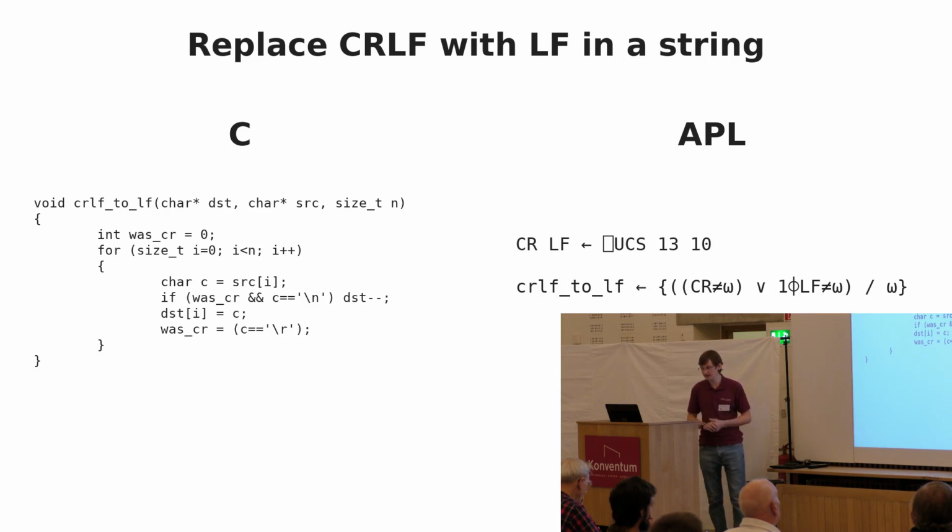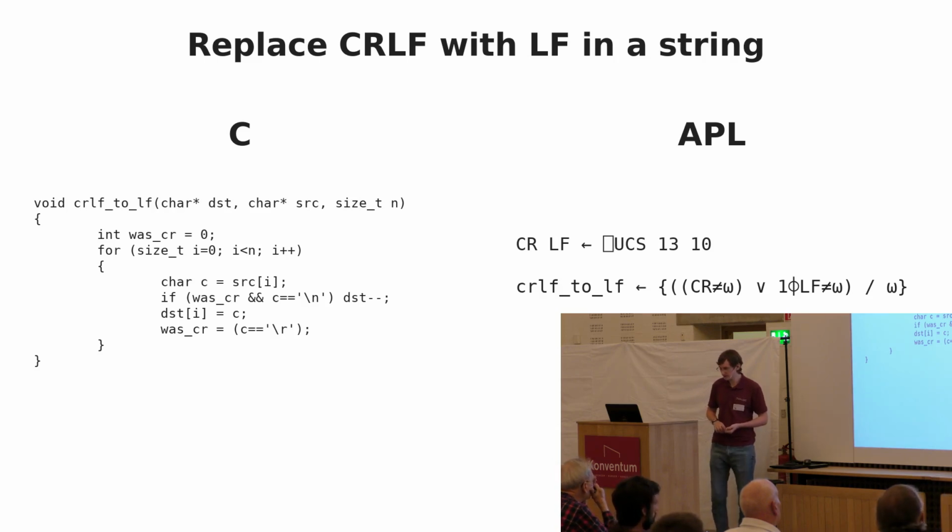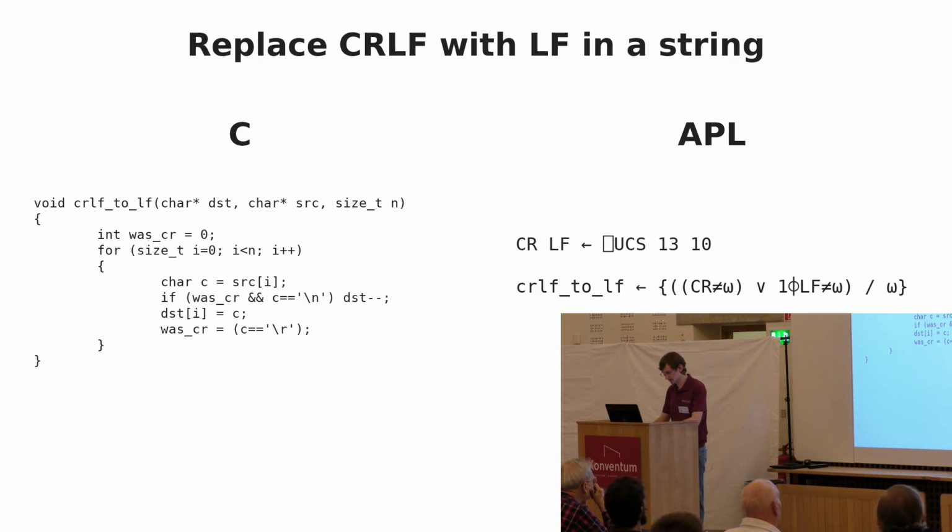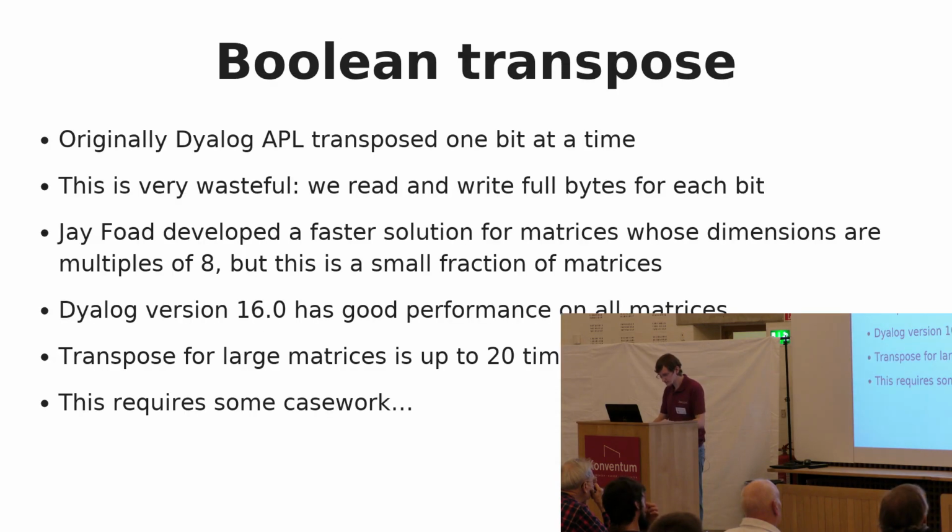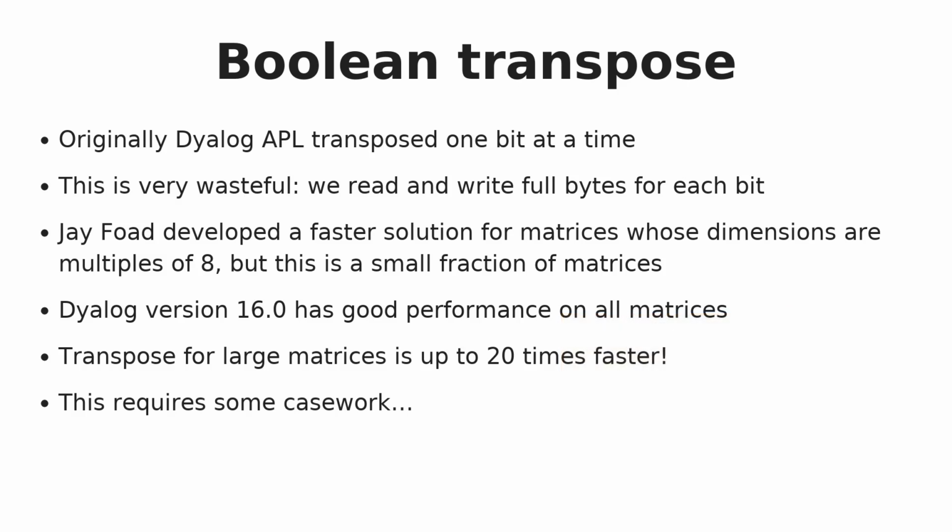But to get all that improvement, you do need fast Boolean algorithms. So now I'm going to talk about one of the things that I spent a lot of work on in version 16, which is Boolean Transpose.